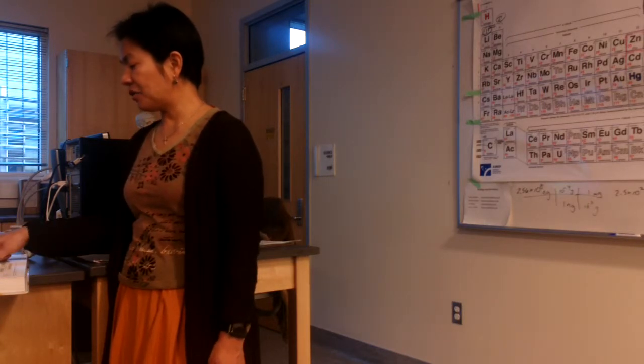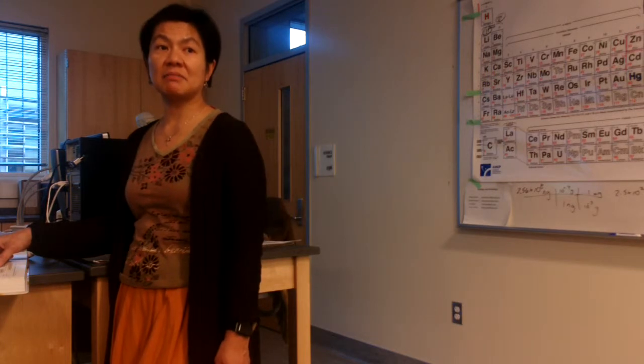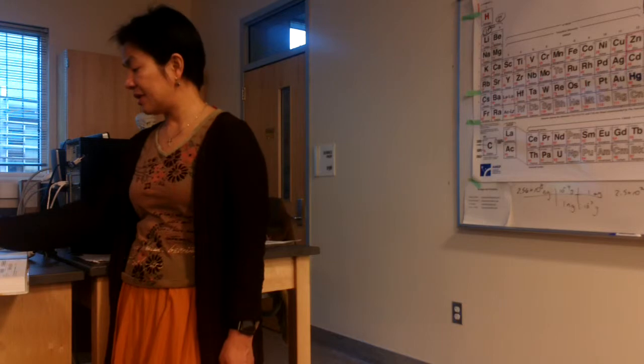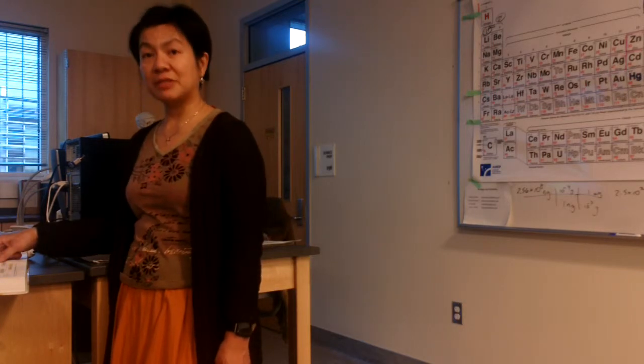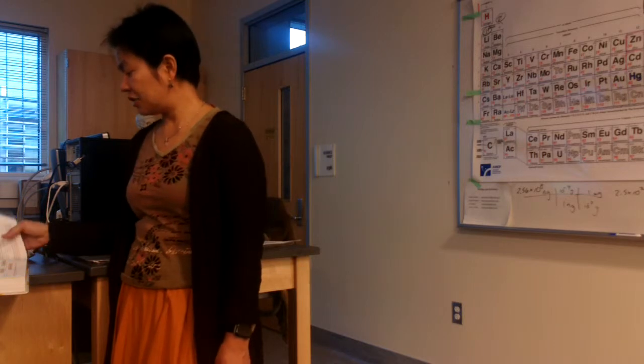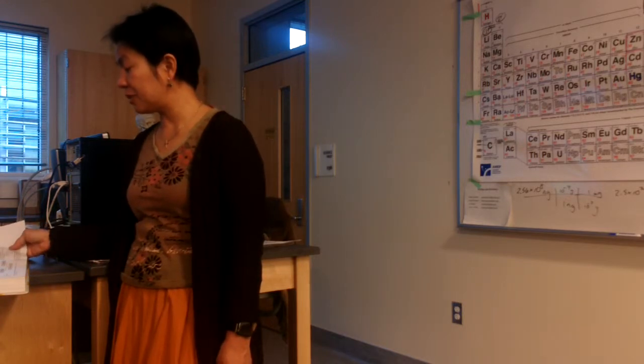Then cardiac output. This is what we want, right? We want the heart to be able to pump blood, and we assess the health of the heart by checking its cardiac output, which is stroke volume times the heart rate. So be sure you should be able to compute.